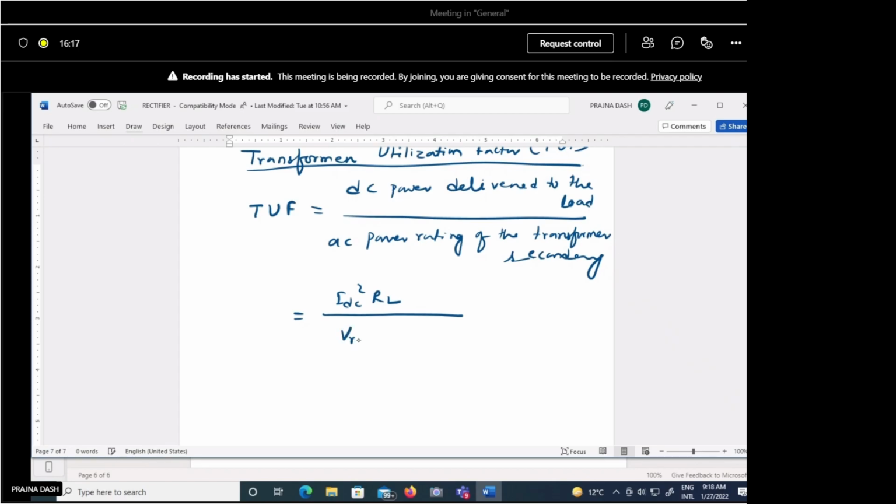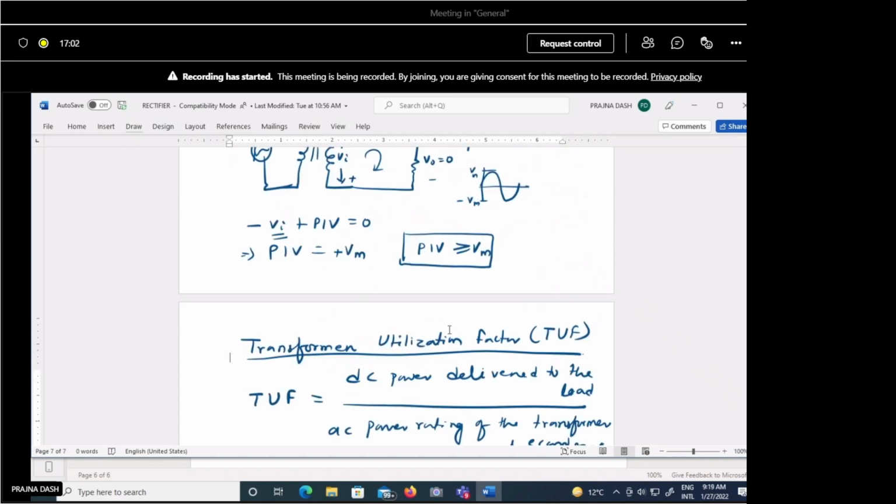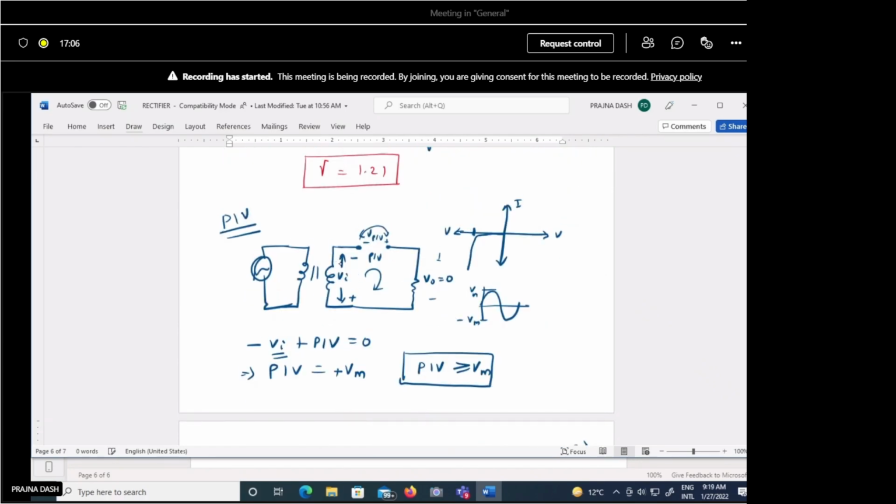This will be VRMS into IRMS. This VRMS is not the one we calculated earlier for the pulsating DC, where we got Vm by 2. Here it is the VRMS at the beginning of the transformer secondary winding, so what is the VRMS required at the secondary?